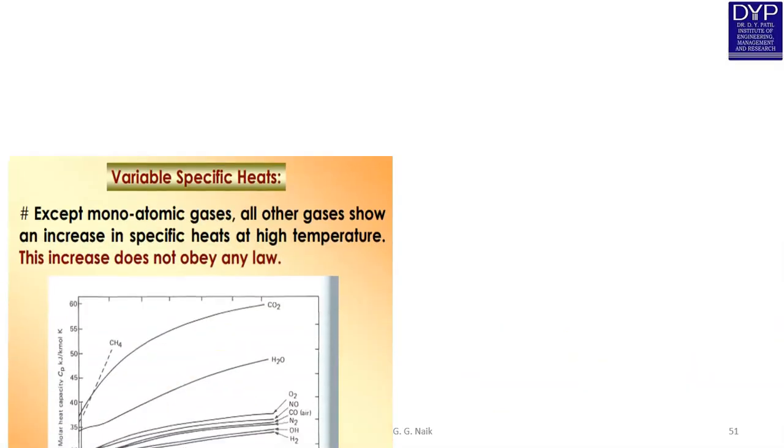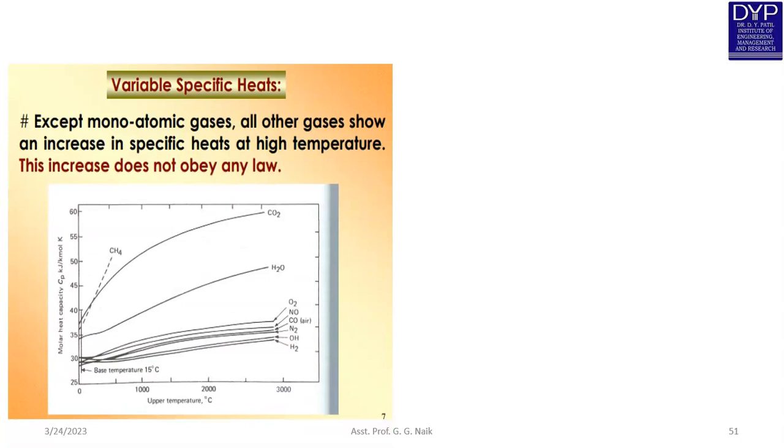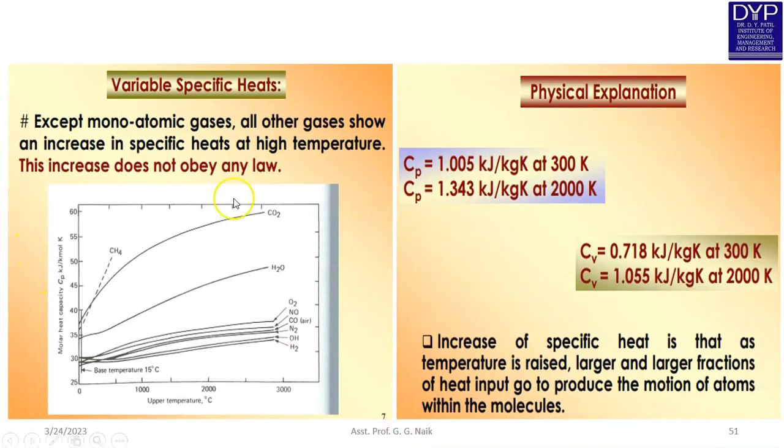But for understanding, look at this right hand side slide. For air, Cp is equal to 1.005 kilojoule per kg Kelvin at 300 Kelvin, and Cp is equal to 1.343 kilojoule per kg Kelvin at 2000 Kelvin.